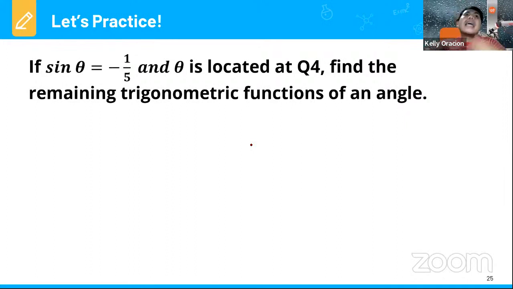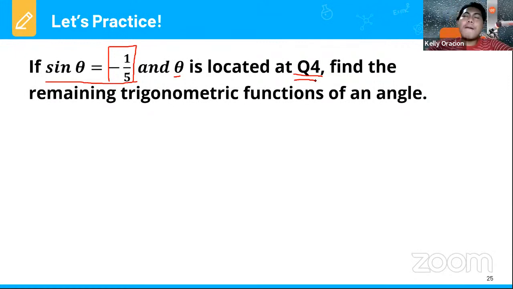The sine is already given, negative 1/5, and the angle is located at quadrant 4. We are going to determine the remaining 5 trigonometric functions.